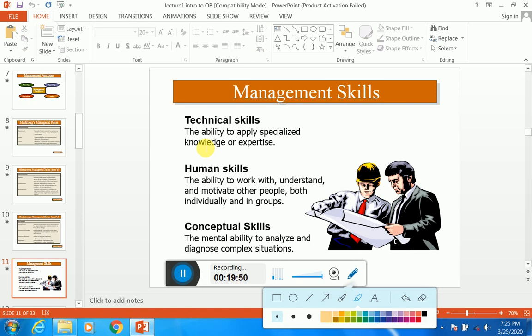For example, a doctor who is a heart specialist has more extensive knowledge in heart surgery. He has a proficiency in his own field. So therefore this special skill is known as technical skill.